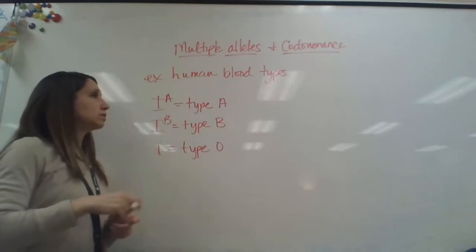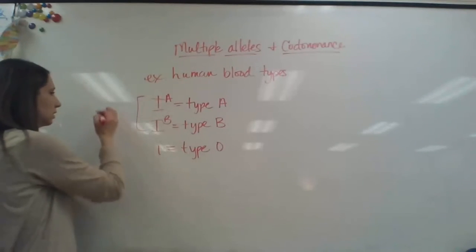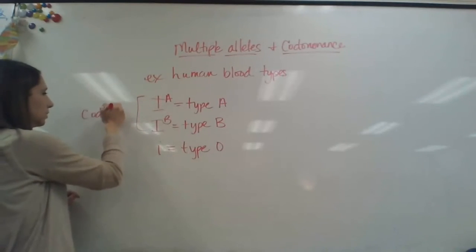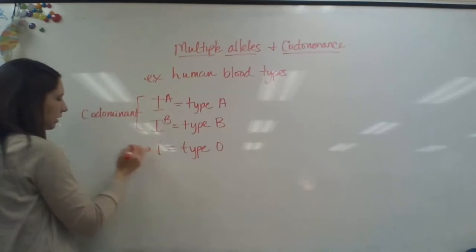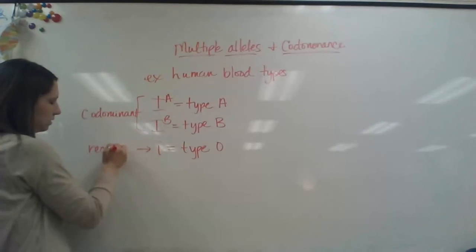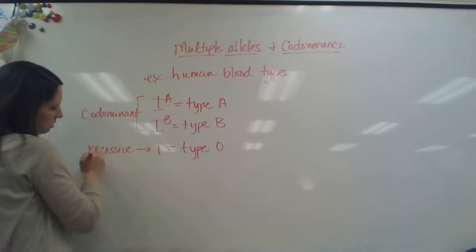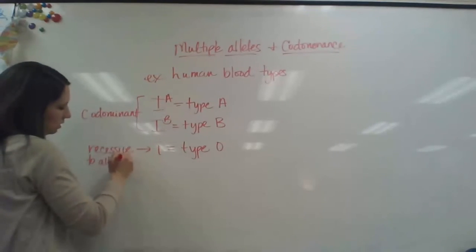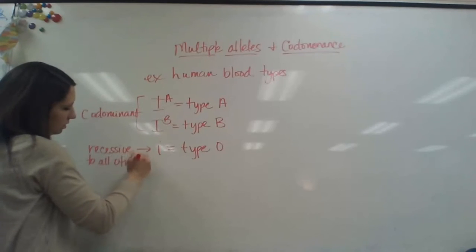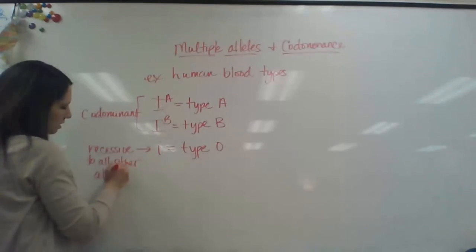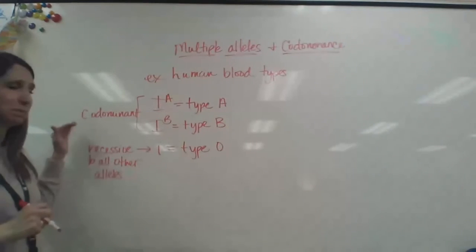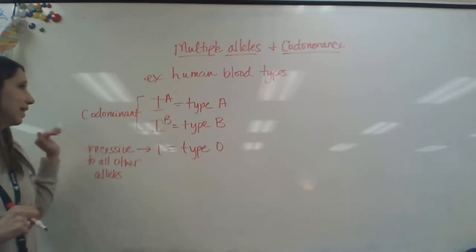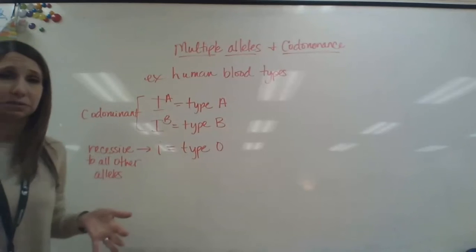Okay, so these two here are codominant, and then this one here is recessive to all other alleles. So if they're codominant, remember what that means is we get full and separate expression, and that's exactly what happens in blood type.